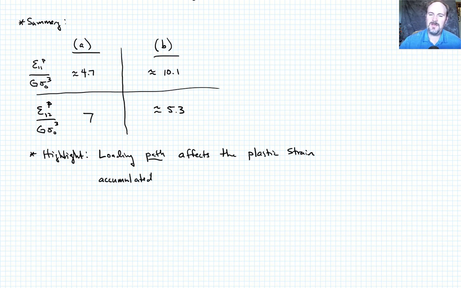What does that mean? That means that I can't just look at where I am in stress space and tell you how much plastic strain there was. I have to know how it got there. It's important that the history is critical here. Okay, so this is just, again, hopefully a basic example, one where we could solve it in closed form to demonstrate that there is this load path dependence.